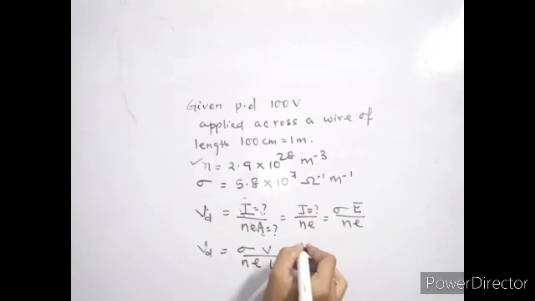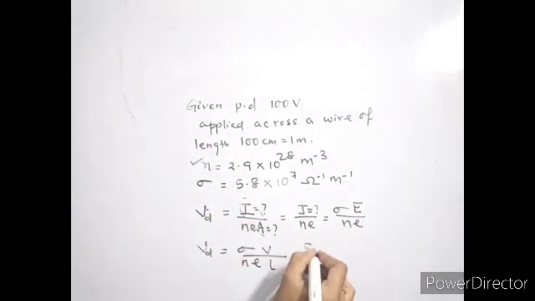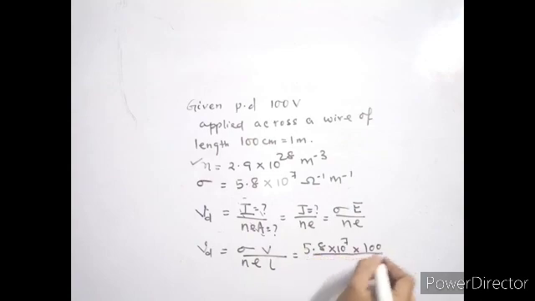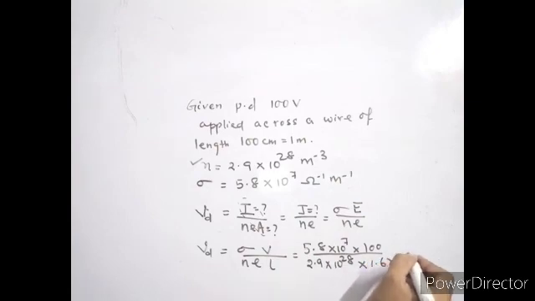Sigma is given, that is 5.8 times 10 to the power 7, voltage of 100 volts, divided by N, that is the number of electrons per unit volume, 2.9 times 10 to the power 28, multiplied with the charge of each electron, 1.6 times 10 to the power minus 19, and the length obviously is 1 meter, so we just put 1 over there.